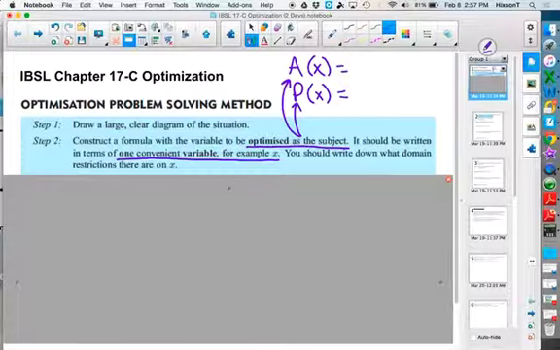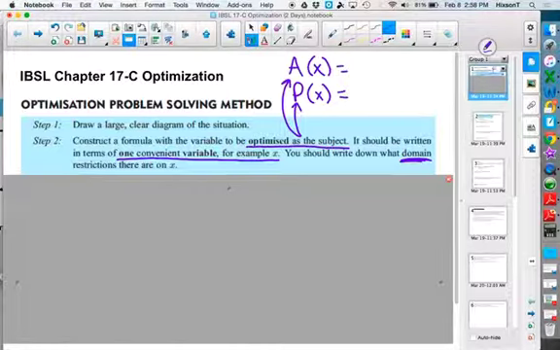And then you have to try to get one of those variables in terms of the other, so that you have your function in terms of just one variable. So, like I said, this is going to be the part where we have the biggest amount of work. The third part of this step also is the domain.